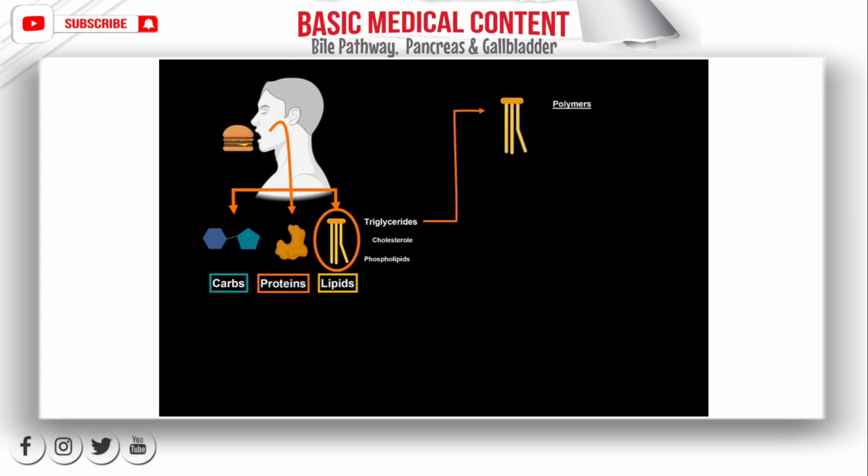Triglycerides are categorized as what we call polymers, which take a large amount of time for our cells to absorb. In our digestive tract, we've got these monster enzymes called lipases, which eat their way through the polymers to break them down into their monomers. In this case, triglycerides will become free fatty acids and glycerol. And now these monomers are much easier to absorb through our intestines.